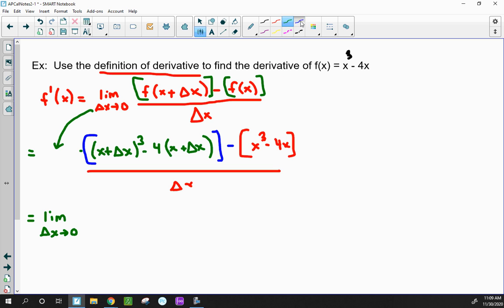Okay, so we're going to focus on the simplifying process right now, and I'm going to go ahead and take this minus sign and distribute it, so basically change the signs of both those terms while I'm at it here.